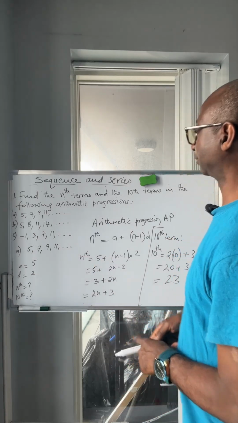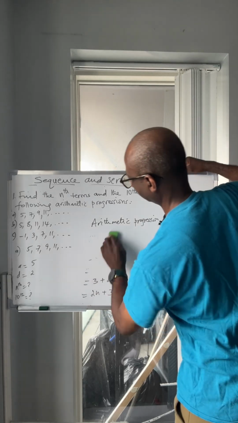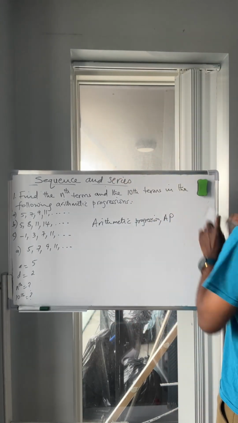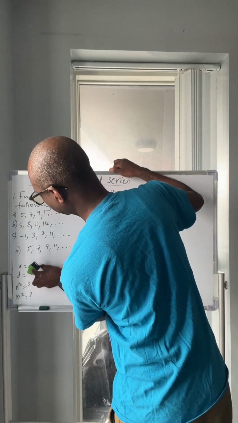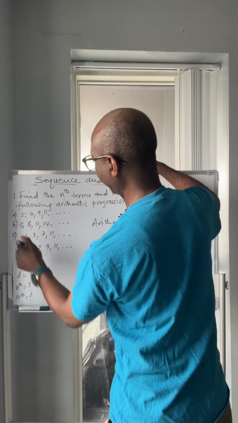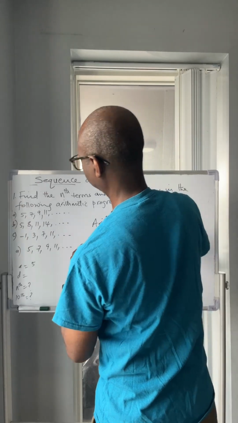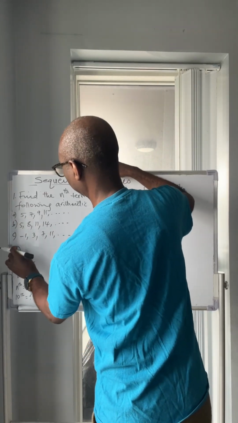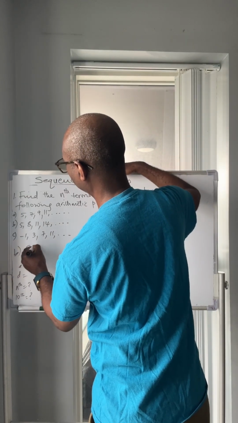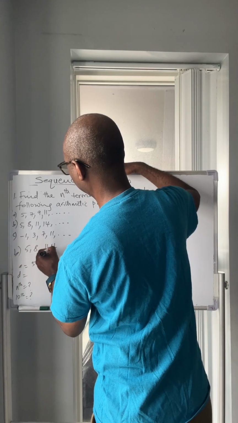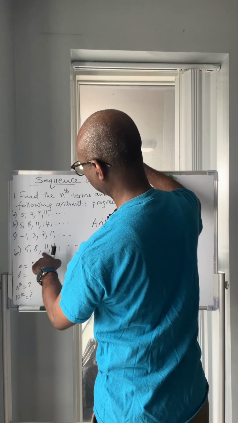So let's go to the second one, the B part. The same thing will follow. For the B part, we'll change these numbers here. You have 5, 8, 11, 14. A is 5. Now the difference is 3.